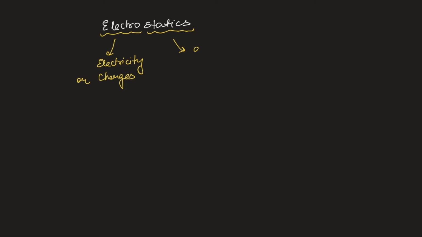Now whenever we say electrostatics, it is a word जो कि दो हिस्सों से बना है. It is made up of two parts. Electro, that means electricity, or charges, and static means static, of course, at rest.